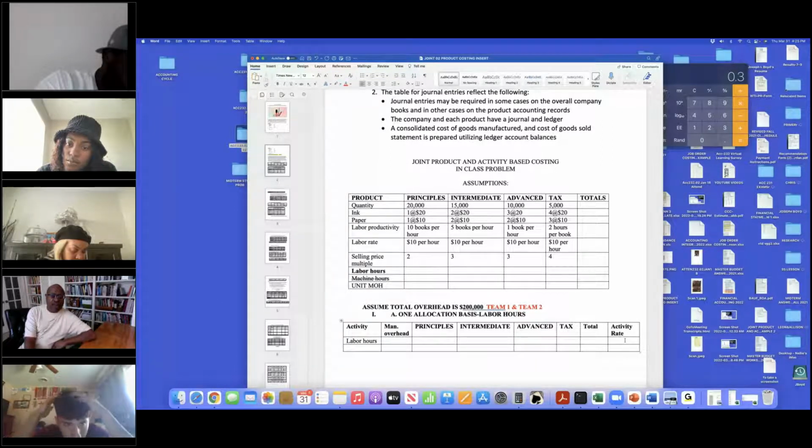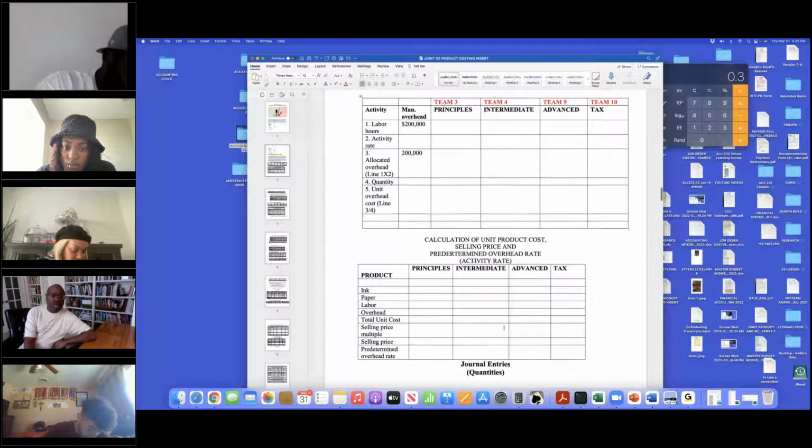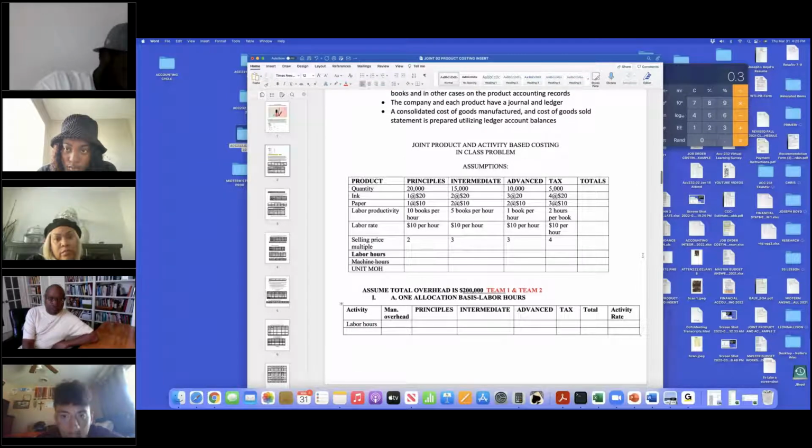Then you're going to come down here and come up with the unit overhead cost. And then you're going to come up with the total cost for principals, intermediate, advanced, and tax, as you were doing before. So our difference now is that we have 4 books rather than 1.